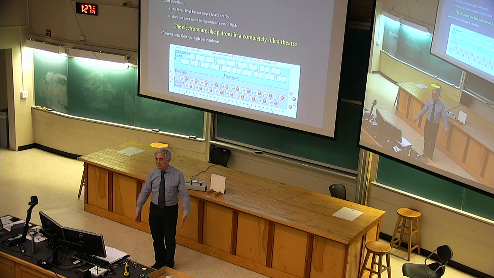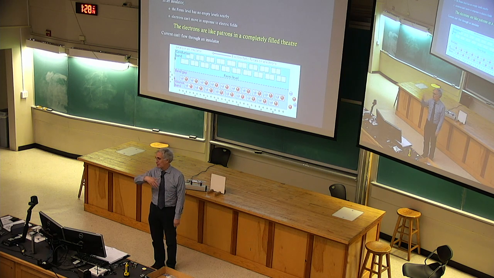And what that just means is that it would take a significant energy to move an electron from one of the valence band levels, in other words, the ground floor of the theater, to the empty conduction levels, the balcony. It would take a lot of energy to do that. And as long as nobody is willing to provide that energy, nothing's going to go through this.